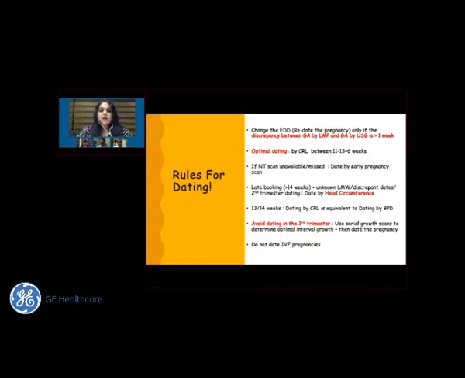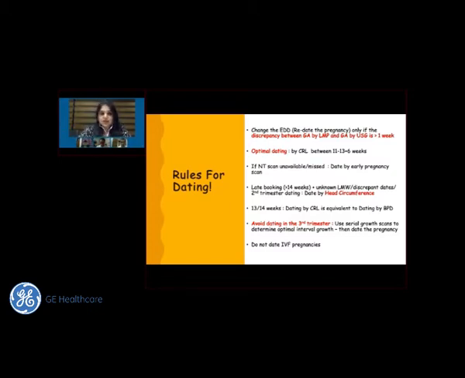Okay. Now, at 13 to 14 weeks, it is said that dating by CRL, that is crown rump length, is equivalent to dating by BPD. So you could choose either. But just because all of us are now almost experts in doing a very nice NT scan and measuring the CRL, why not overutilize this section to give a good dating as well?